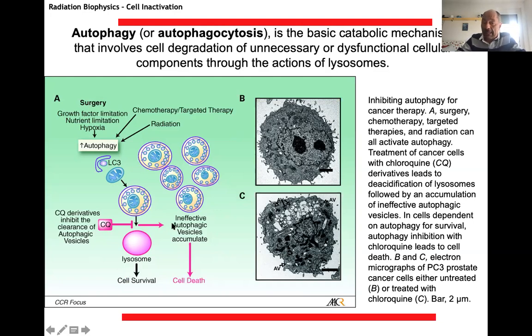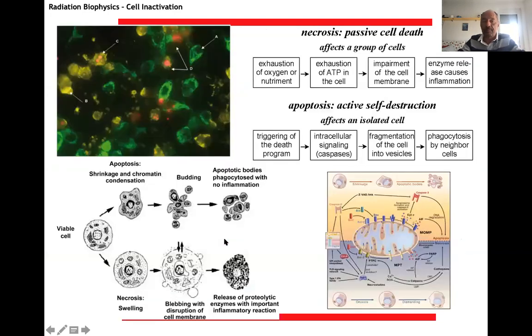But if you inhibit autophagy, then these vesicles accumulate and eventually the cell dies. So it's a very complex mechanism. It's quite new. It was not very well known in the past, but it's taking more and more importance in explaining cell death in tumors.